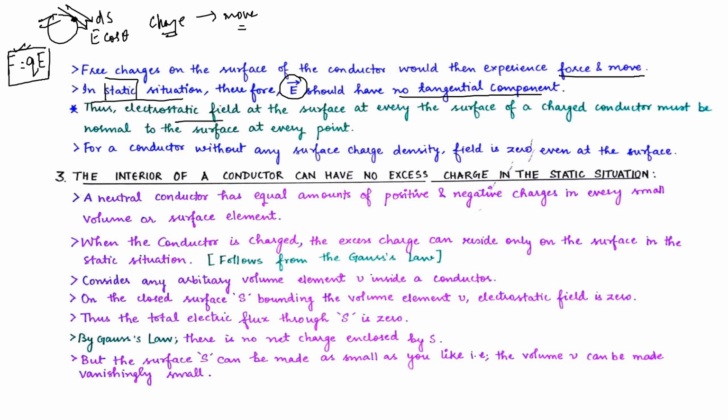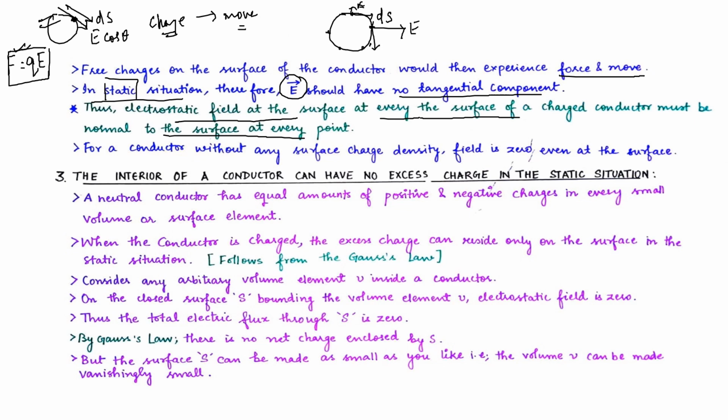Thus the electrostatic field at every point of the surface of a charged conductor must be normal to the surface. So when this is charged, at every point, let it be this or this, the electric field should be normal to the tangent of the surface.